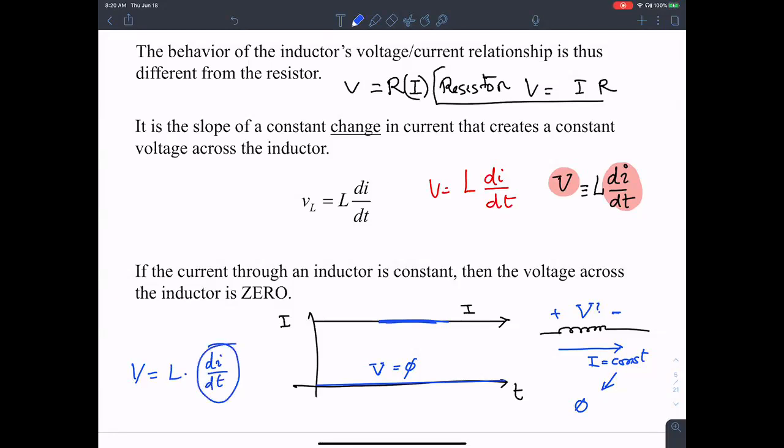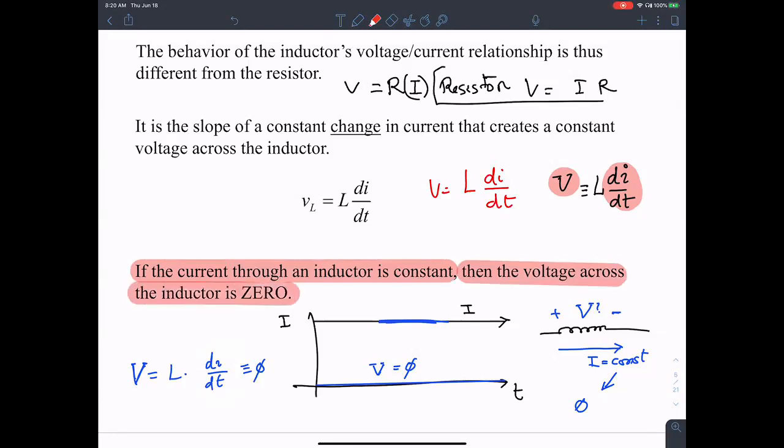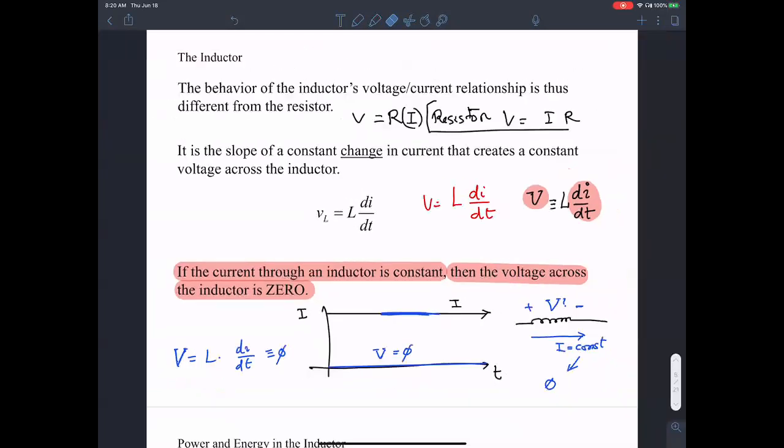If a current is constant, the change in current, or its derivative, is zero, meaning the voltage across the terminals of an inductance is zero. Okay, so that's the idea. If the current through an inductor is constant, then the voltage across the inductance is zero. So that's the idea of voltage across an inductance. All right.